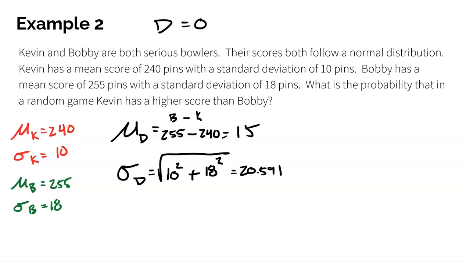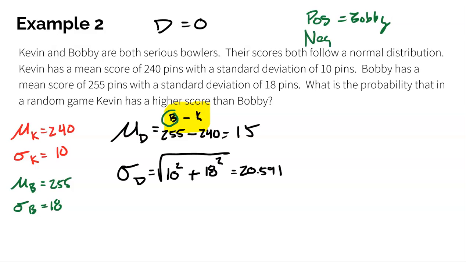And I did the difference in a specific order of Bobby minus Kevin. If Bobby is bigger, I'm going to get a positive number. So think positive values mean Bobby wins, Bobby does better. Because if Bobby has a higher score, when I do Bobby minus Kevin, I'm going to get a positive number.